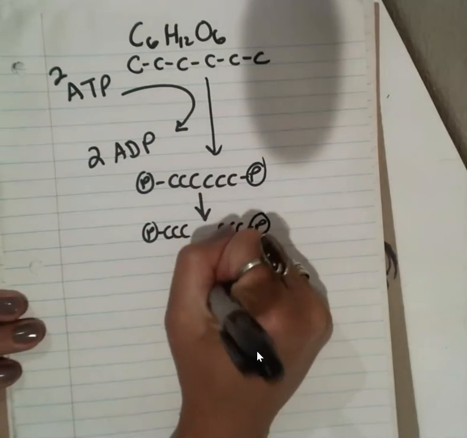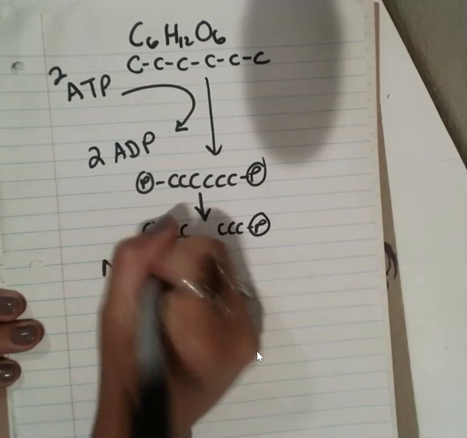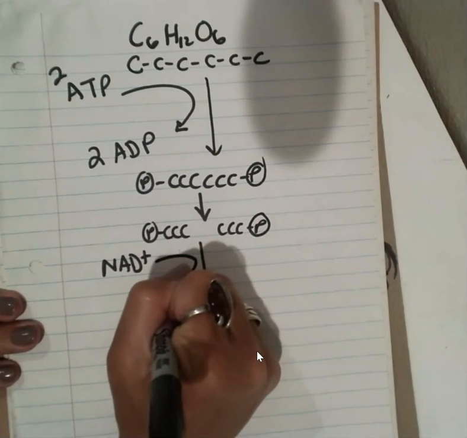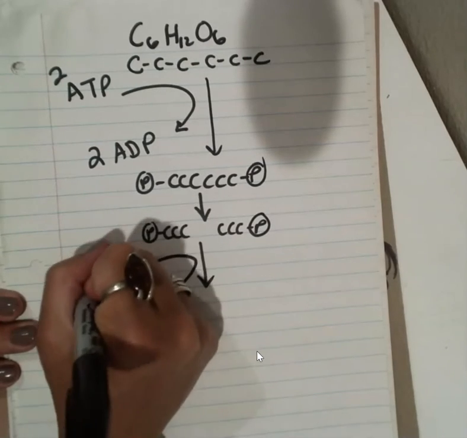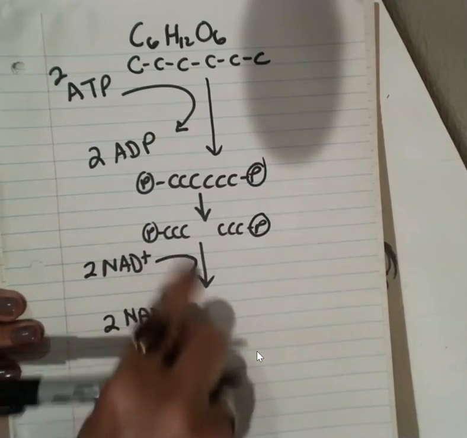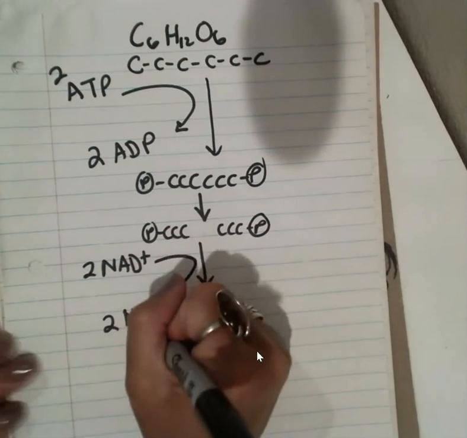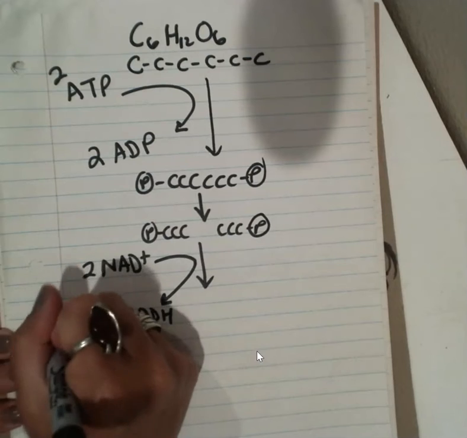Then in our next reaction, we're going to have NAD+, which is an electron carrier, become reduced. And this actually happens 2 times. So we have 2 NAD pluses become reduced to NADH. And in this bond right here, there are some electrons.